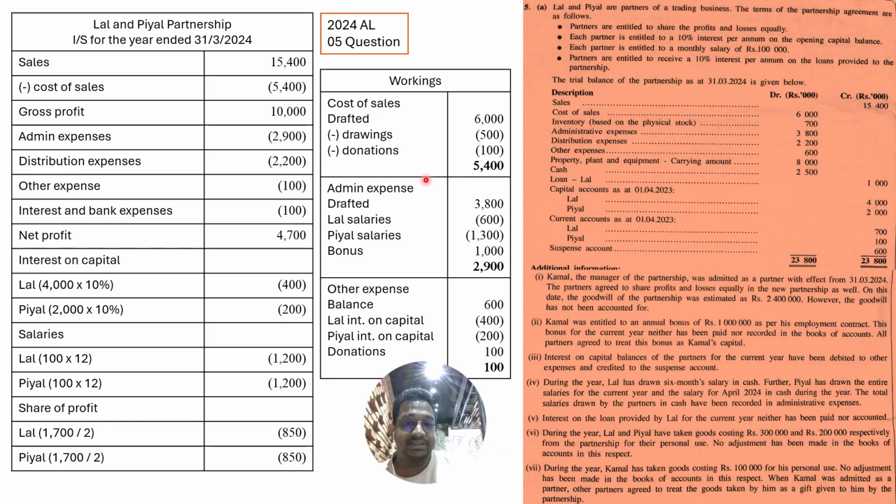That donation, you can't debit to the current account as normal drawings, because Kamal is not a partner still for this year. And that donation is an expense and it should be recorded under other expenses, right?